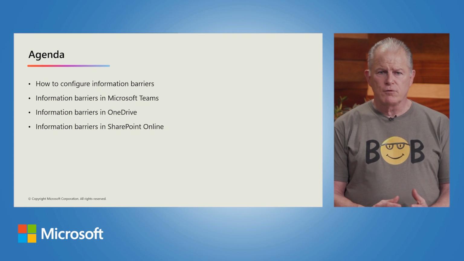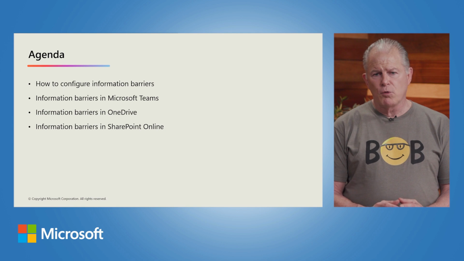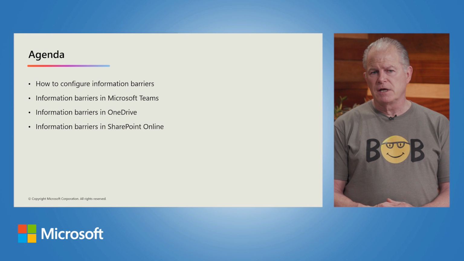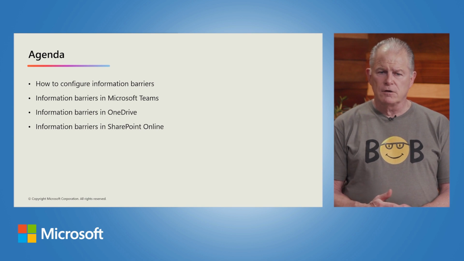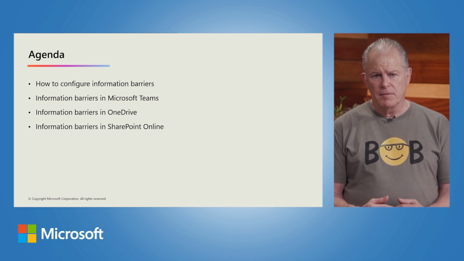So we're going to take a look at information barriers across Microsoft Teams, OneDrive, and SharePoint, not just from a collaboration standpoint, but remember, all of this has been done with the focus of Copilot for M365 and the ability to include data into prompt results for its AI services.